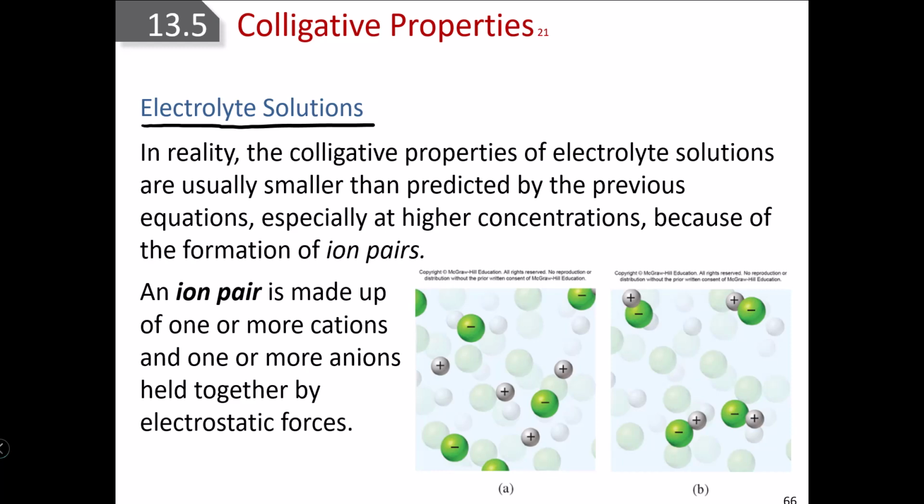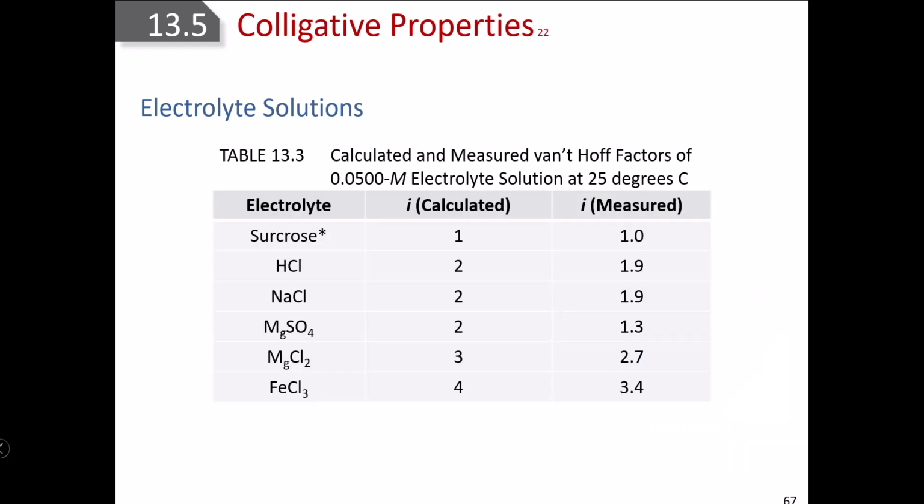So here, this is chloride, maybe this is sodium, and when they dissociate, we now have 2 particles for every 1 sodium chloride. So it says an ion pair is made up of 1 or more cations and 1 or more anions held together by electrostatic force, and when we place that in water, those become hydrated or undergo dissociation or solvation. There's different words for that that mean pretty much the same thing, and we get more particles. More particles, that's what colligative properties are all about, is how many particles dissolve.